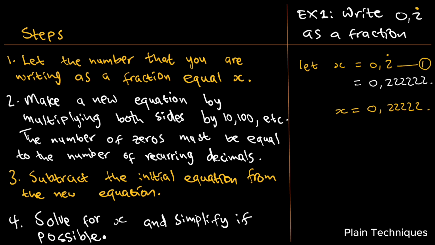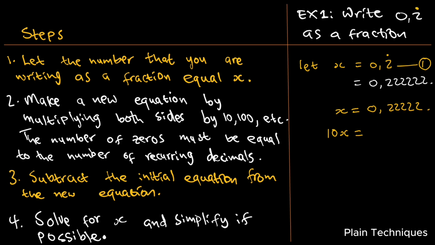Okay, so my answer will be 10x, all right? And when you multiply this by 10, it simply shifts one step to the right. So it's going to be 2.2222222.